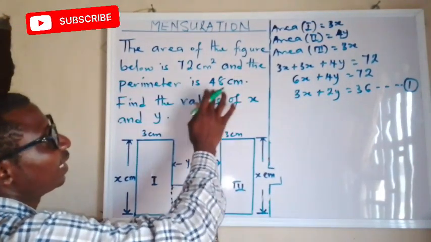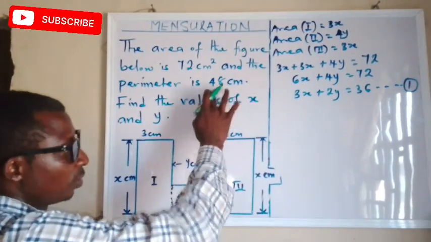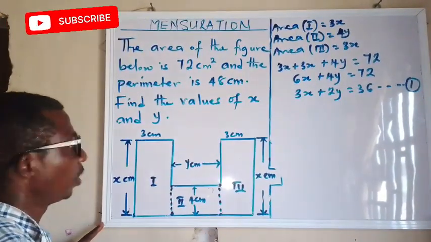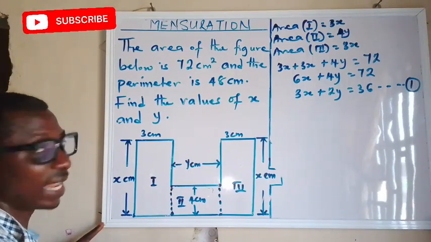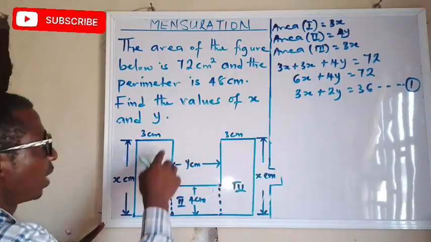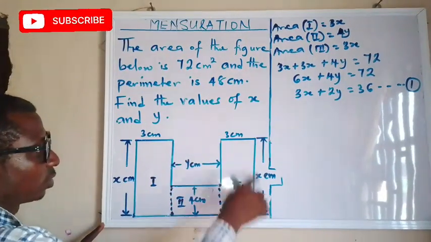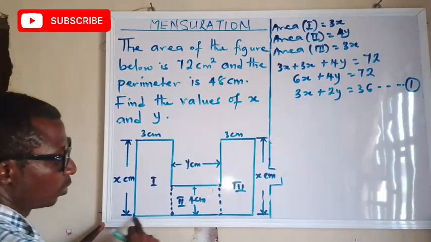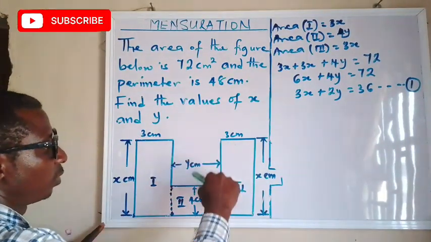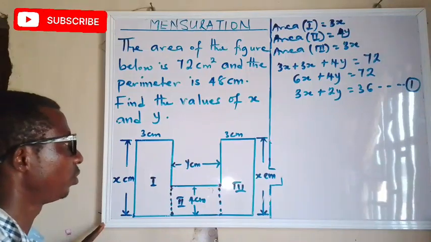And the perimeter is 48. When we say perimeter of a figure, we are talking about the measurement of the line that is describing the shape. So we are adding all the sides together. So we had 3 plus x plus everything here plus x plus 3 plus what we have here. So now let's do that.